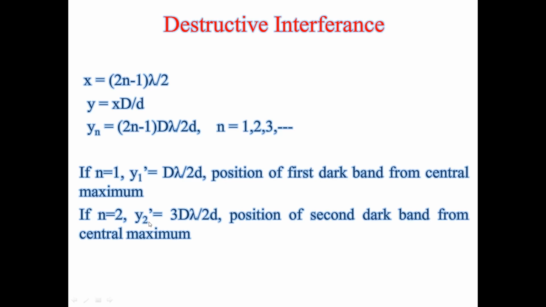For n equals 2, y2 dash is 3D lambda by 2d, position of second dark band. For nth dark band, yn is equal to (2n minus 1) D lambda by 2d.